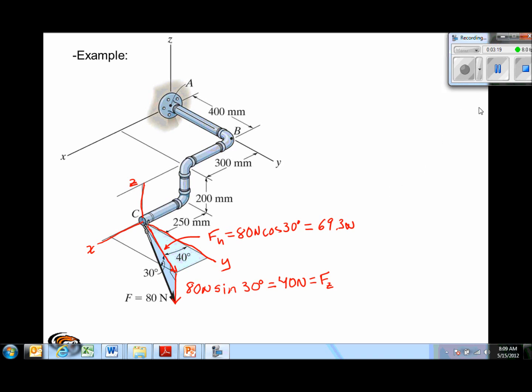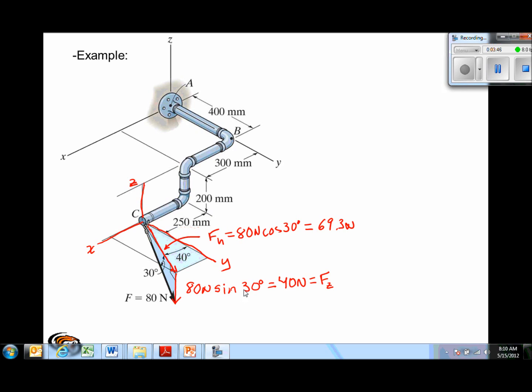The results are given as F of z equals 40 newtons and F of h equals 69.3 newtons. So again, the horizontal component is the cosine of the angle 30 degrees times the 80 newton force. The vertical component, the z component, is 80 newtons times the sine of 30 degrees.